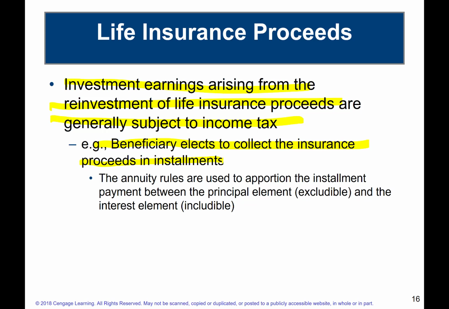This is essentially an annuity in that a portion of the amount you receive each year would be excluded, and a portion that represents the increase in the value would be included. Remember, the guy gave so much that he had invested and he got so many payments, and once you take more payments out than what you invested, those will all be taxable after that.